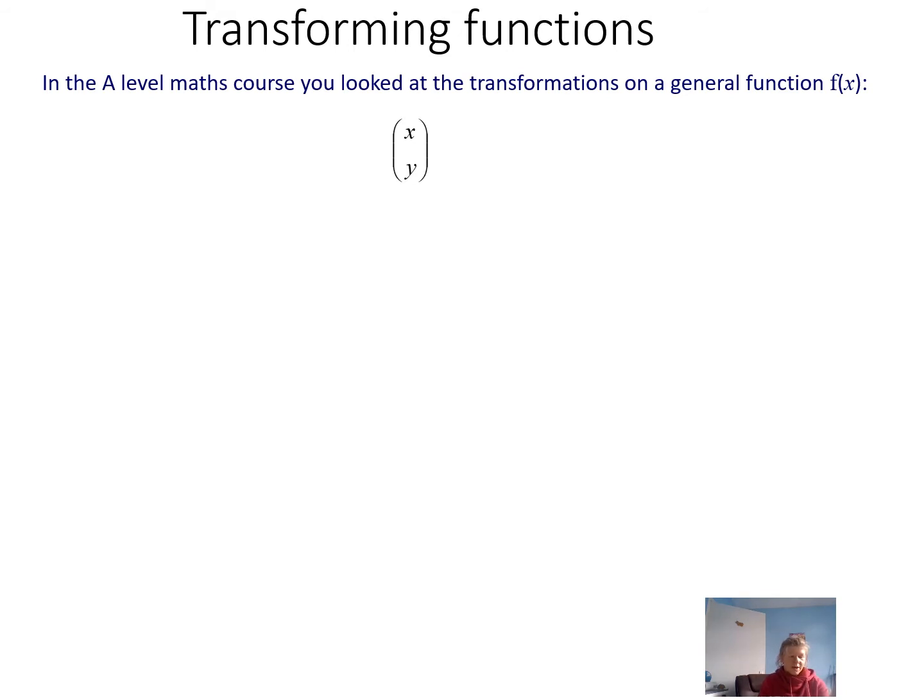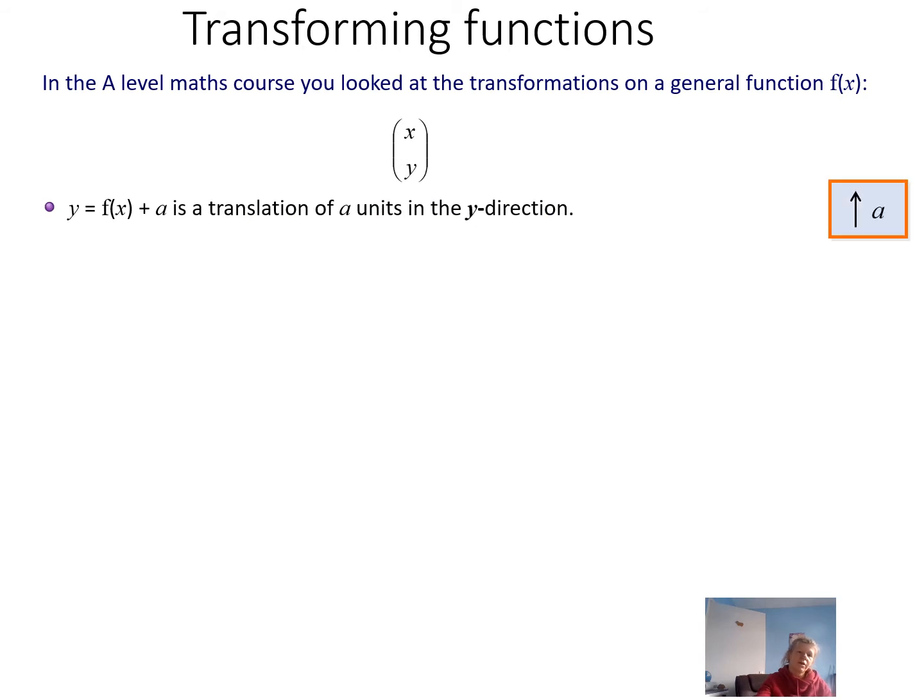Okay, so in your A-level maths course you looked at transformations on general functions. We should have done. So all these things should not be a surprise. So let's use y equals sinh x and see what would happen.